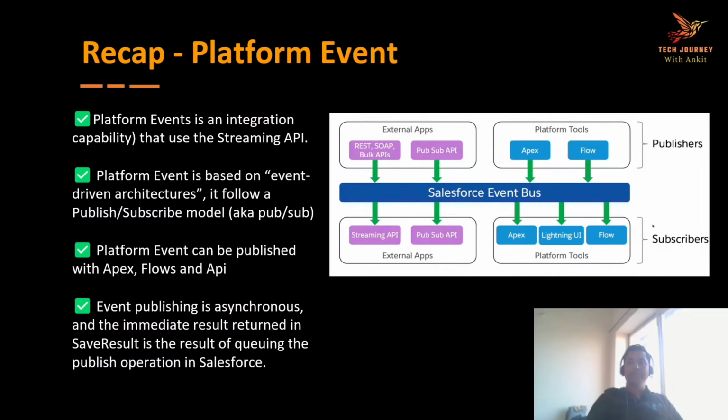In case we have to check whether my event has been successfully published on the event bus or not, or we have to validate whether my publish operation is successful or not, then you have to use the concept of Apex publish callback.